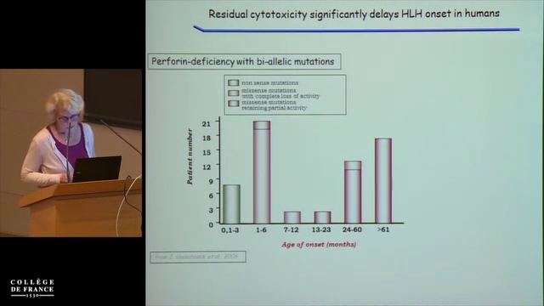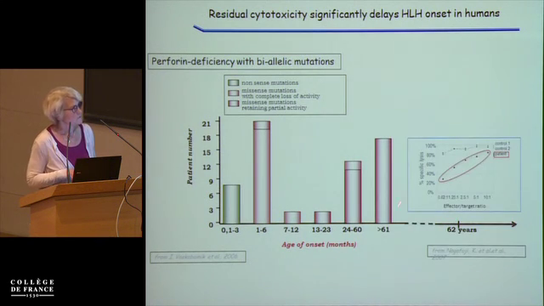of HLH. And the oldest case so far reported is a man of 62 years who developed first manifestation of HLH at 62 years, and as you can see, was associated with a significant residual cytotoxic activity here, as compared to control here at the same effector target ratio.